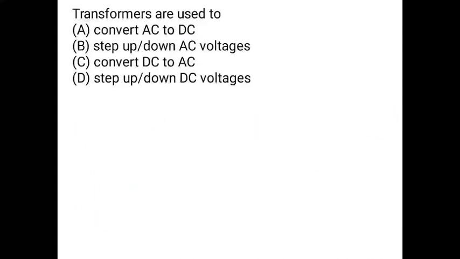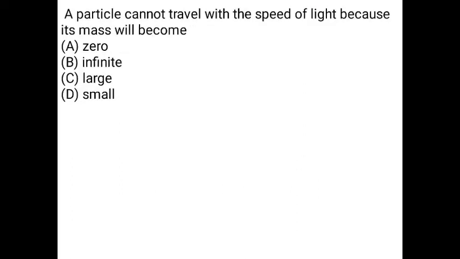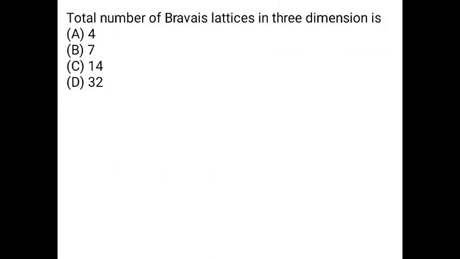Next, transformers are used to step up or down AC voltages. A particle cannot travel with the speed of light because its mass will become infinite. This is also a repetitive question in all the previous year question papers. Total number of Bravais lattices in 3 dimensions is 14.